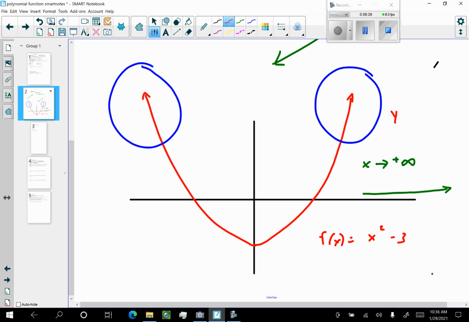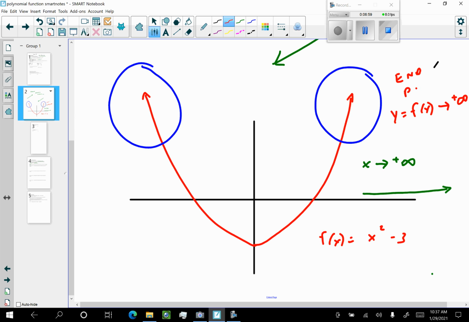Well, they're going up. So they also are approaching positive infinity. And that's what I would say about this end behavior. As x goes to positive infinity, the outputs go to positive infinity. So the graph of this is going to end positive. It's never going to end, but the end behavior looks positive, so this is going to end positive.